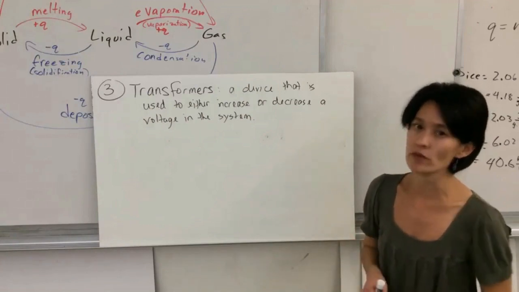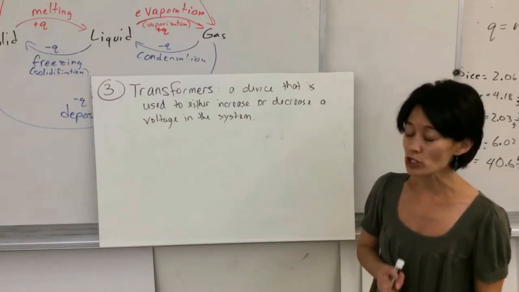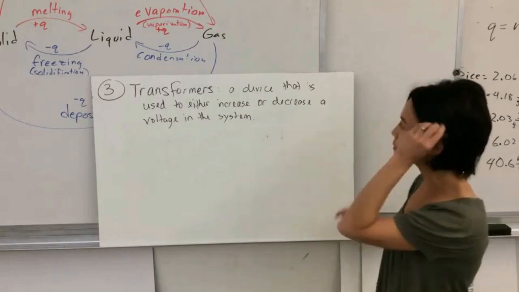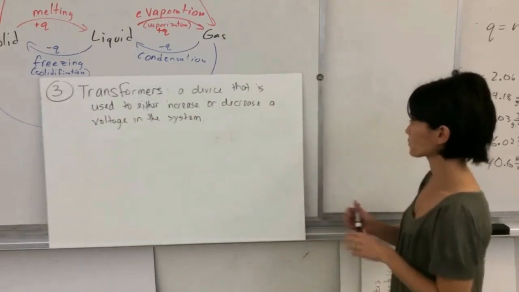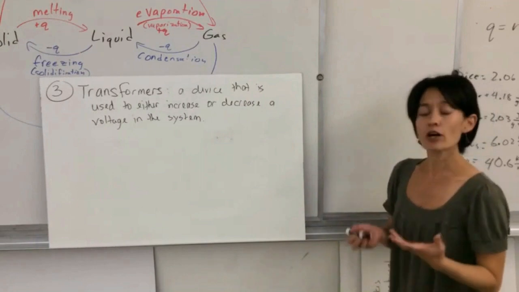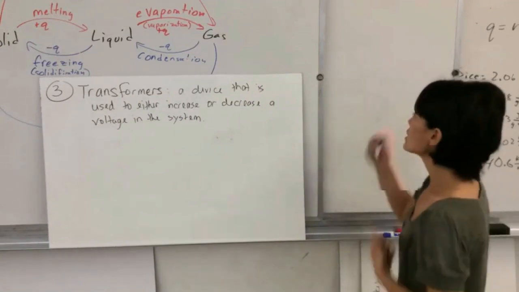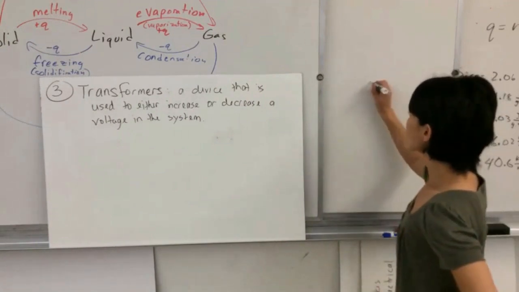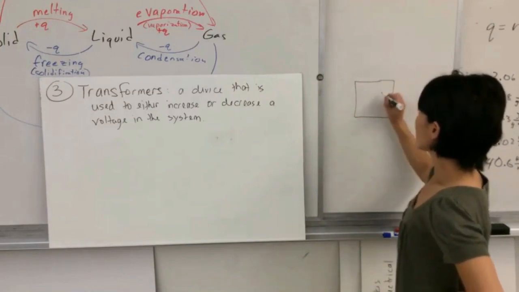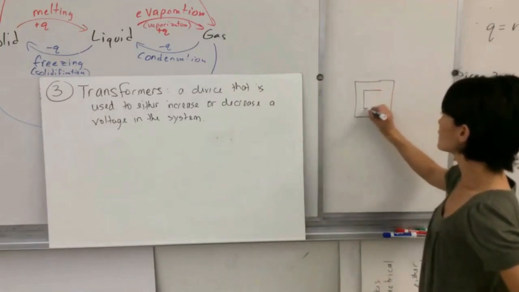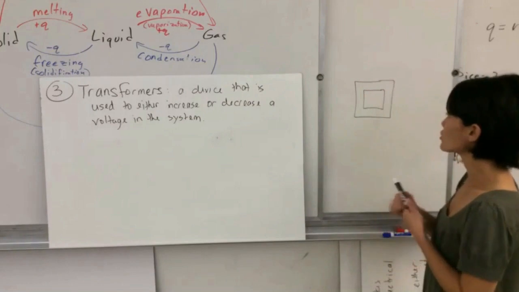So when we get to the equations of it, hopefully that'll make a little bit more sense, but we're just changing the voltage. I'm going to draw a little picture here, and when you get into class, I'll show you some examples too. A transformer usually has a piece of iron, and it looks like that. So just kind of hollow it out.